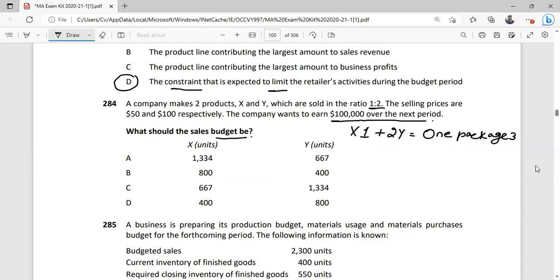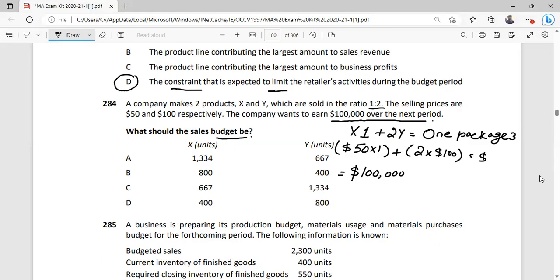Okay. So the company wants to earn 100,000. And we are saying that we are selling products in one package. In one package we have 1 unit of X which has a selling price of $50, so 50 into 1. We have Y with 2 units, 2 into 100.